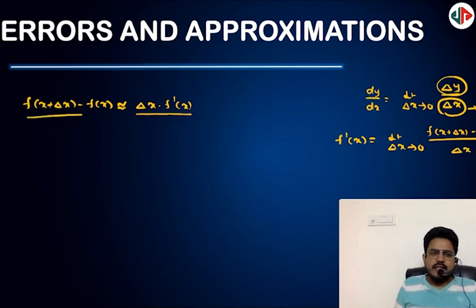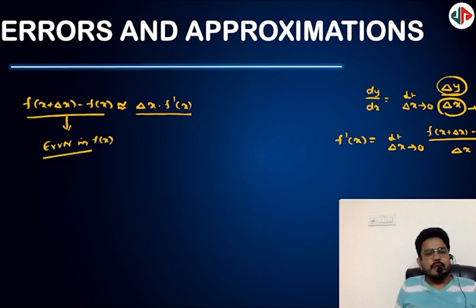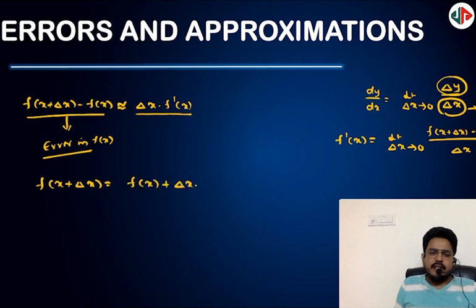So this is error in y, error in f of x as compared to this one. And from here f of x plus delta x is equal to f of x plus delta x into f dash of x. So this is the approximation value.